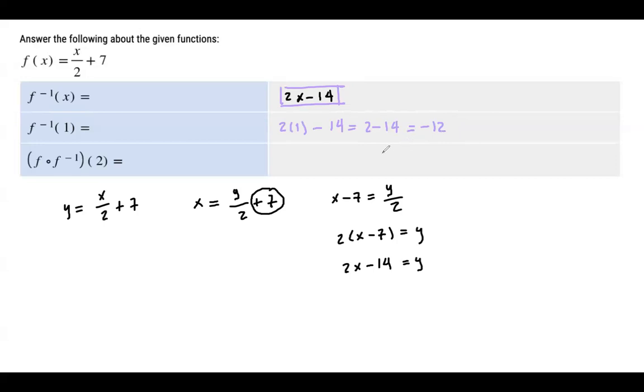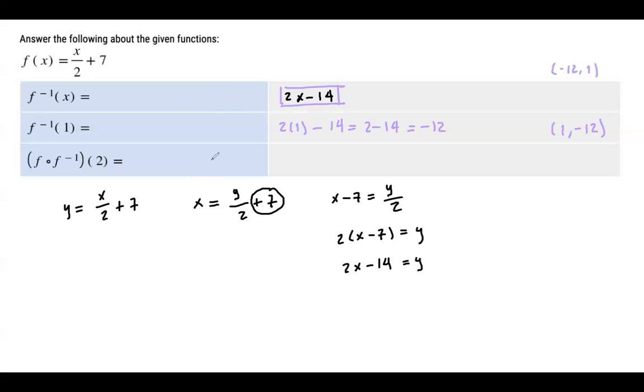So if you can tell, this will produce a coordinate. It's not asking for the coordinate, but a coordinate of 1 comma minus 12. And the original coordinate on the original function would look like this, minus 12 comma 1. Just remember that when you're doing your operation.